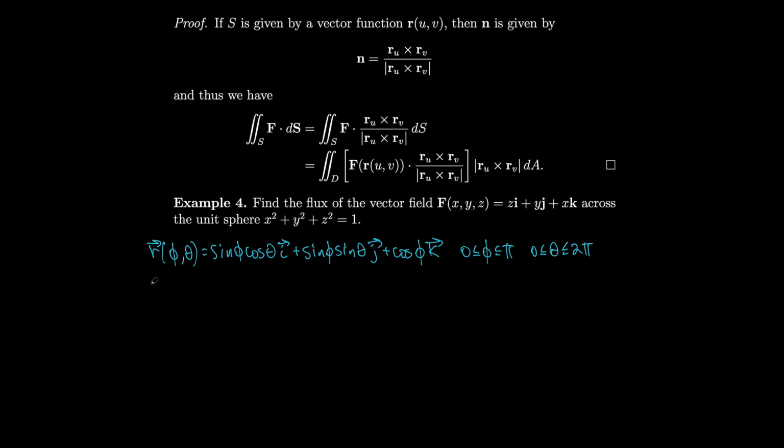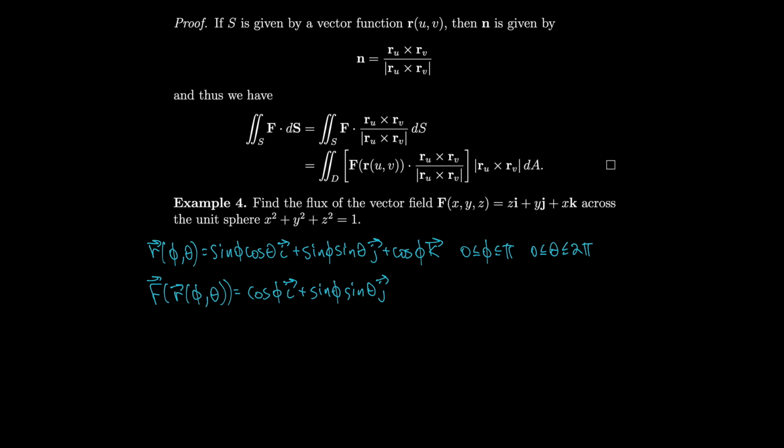So that means that we'll take our vector field F, and evaluate it at this surface, r of phi, theta, and we'll get cosine phi i, because remember it's z i, and we'll get sine phi sine theta for j, because y was just j, so it matches.